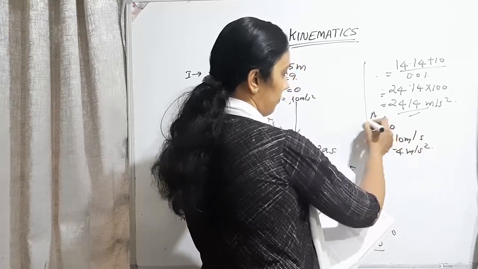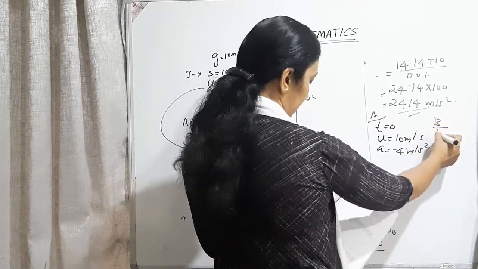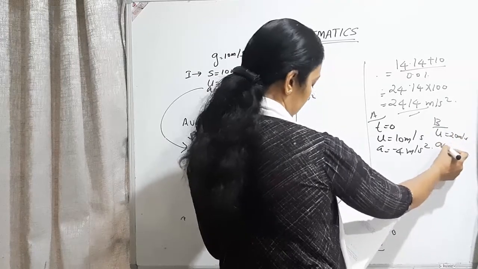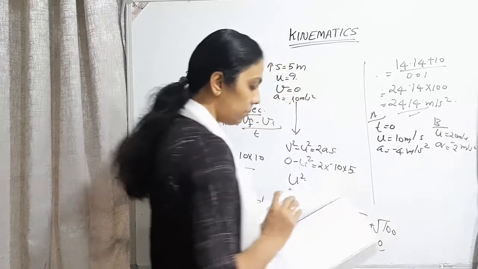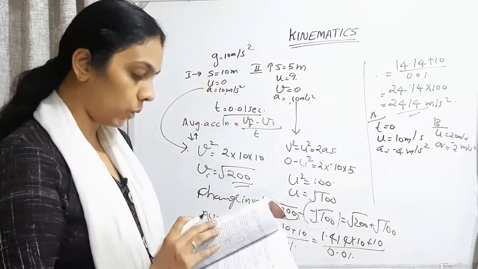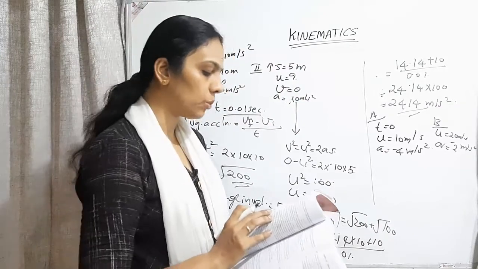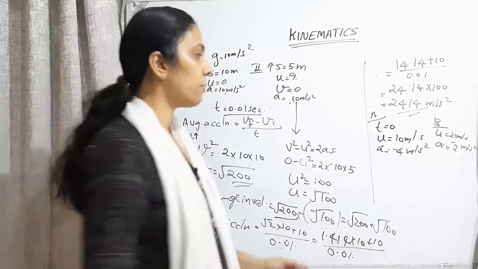This is for A. Particle B has a velocity of 20 meter per second and acceleration is minus 2 meter per second square. Initially, both the particles are at the origin. At time t equals 2 seconds, the distance between the two particles is. So we need to find out the distance between the particles.